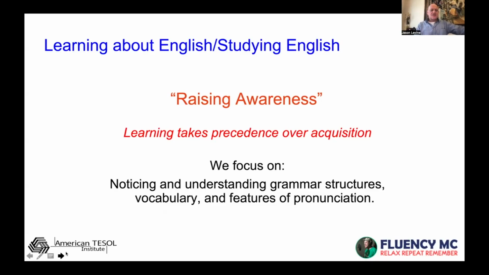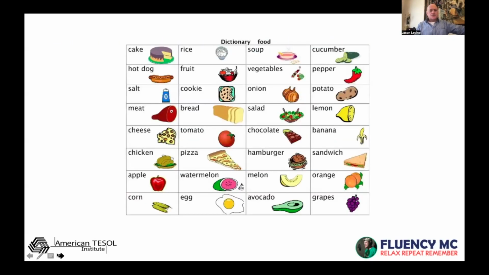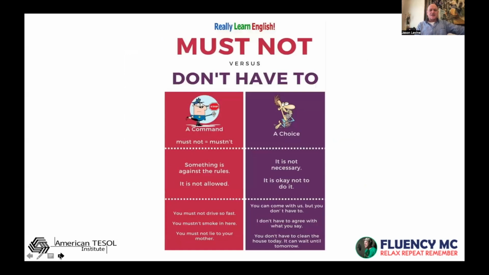So, examples for kids or low-level English learners, or both. It could be just something as simple as this would be studying or learning about the language. Oh, what's the difference between the modal phrasal modal must not and don't have to?